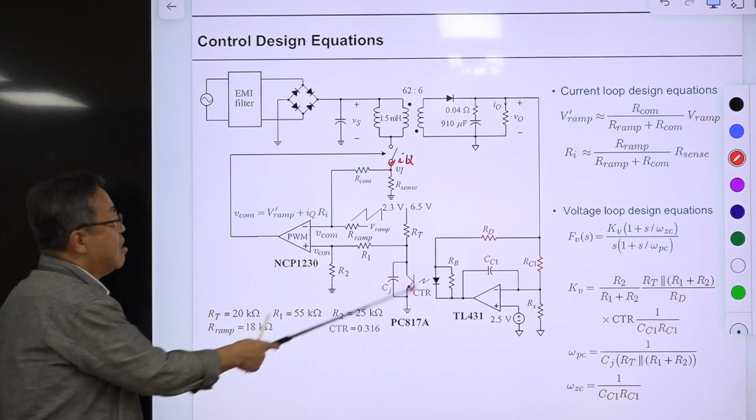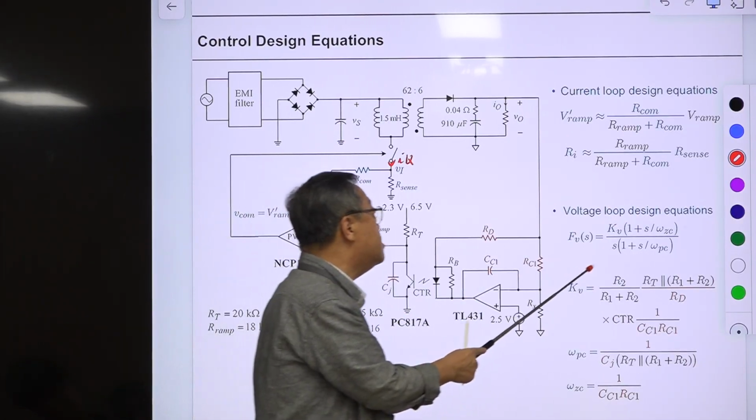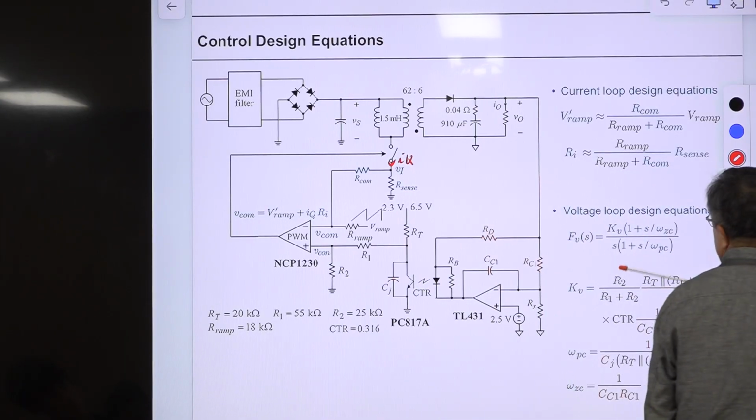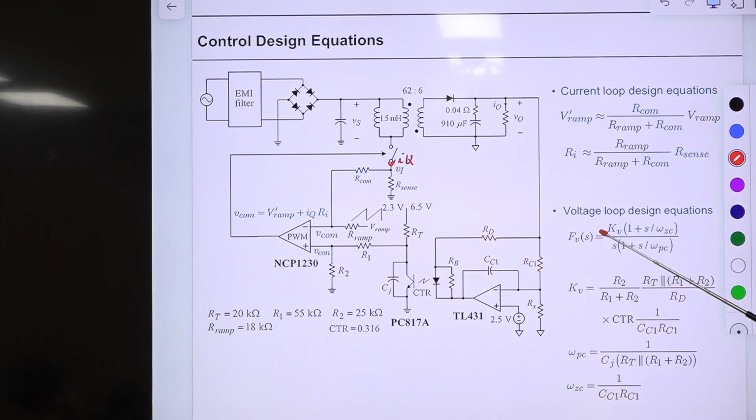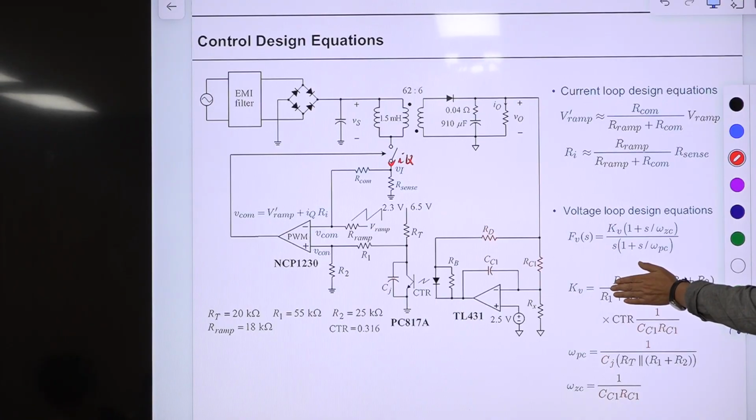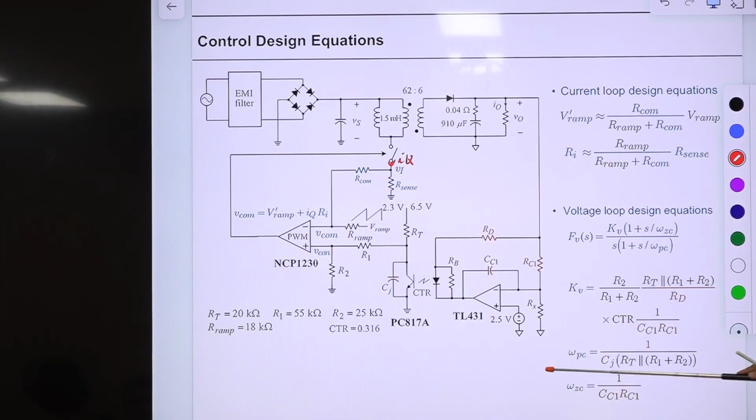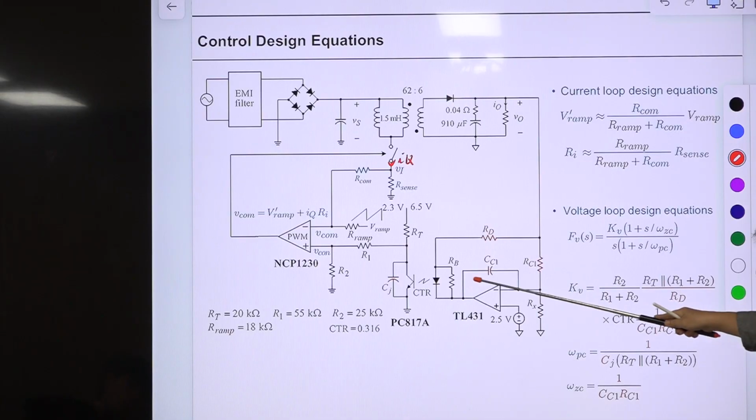And this structure is a two-pole, one-zero structure, so we have an integration structure. DC regulation is guaranteed, and K_B is this times this. This quantity multiplied with this is K_B, and this is the pole frequency. This is the zero frequency, which you cannot select arbitrarily.